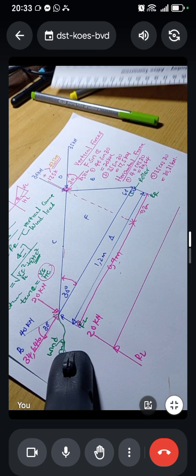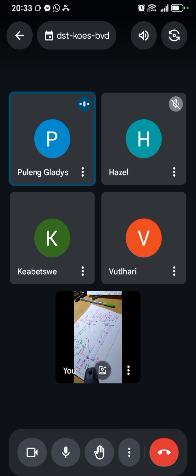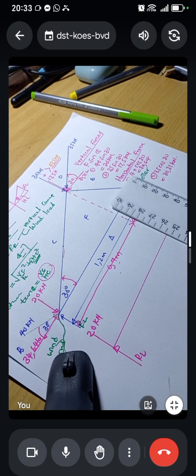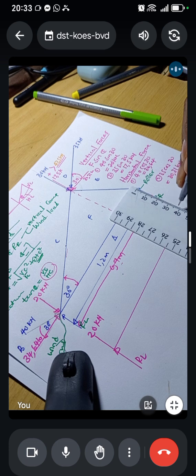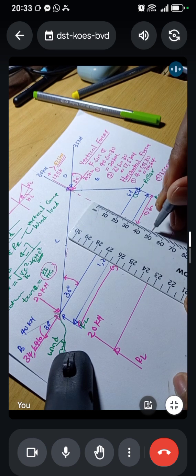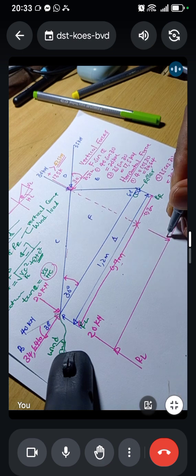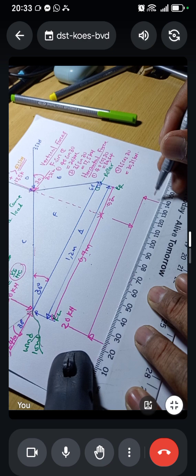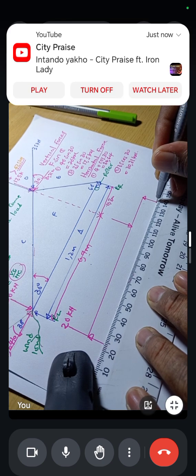So we are going to have that force that is going up. Now you see what I did? That's why I'm saying you must draw this into scale. I don't know if it's the same thing that you've done in class here, but this is my skill. No, sir. It's totally different.